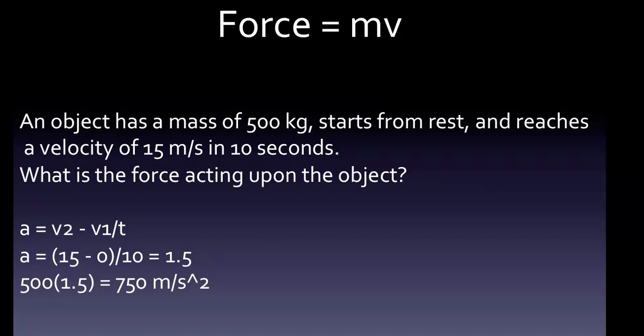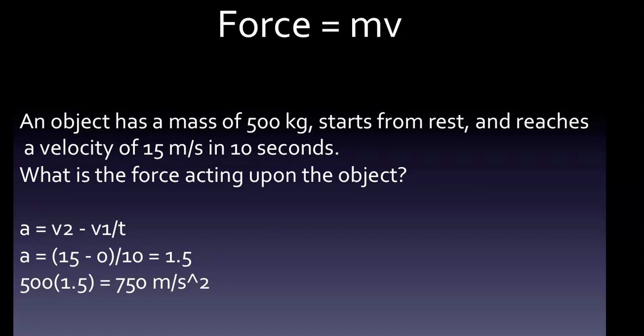Okay, so first we need to find acceleration, right? So acceleration is v2 minus v1 divided by t, or time. And so v1 is just the initial velocity, and v2 is the velocity after a certain amount of time here, right?